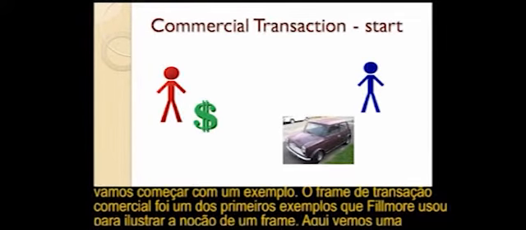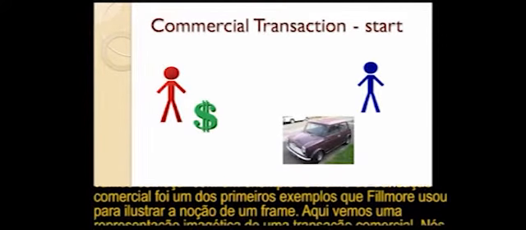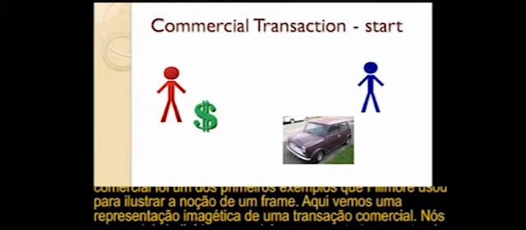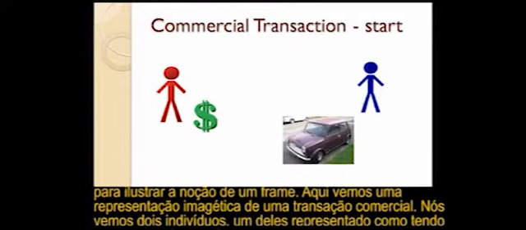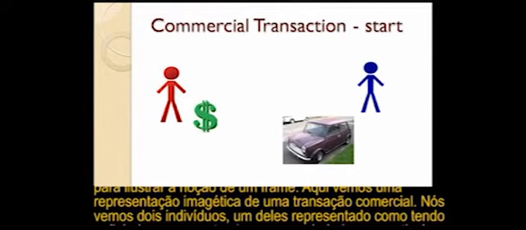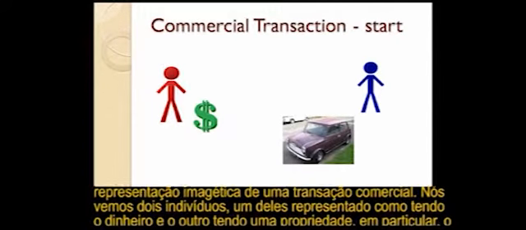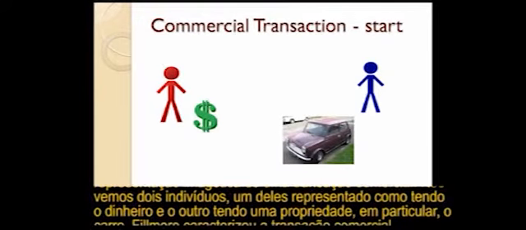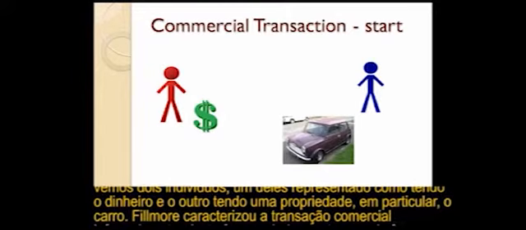So, here's a pictorial representation of commercial transaction. And you see that we have two individuals, and I've represented one of those individuals as having money, and the other one of those individuals having some property, in particular here, a car.